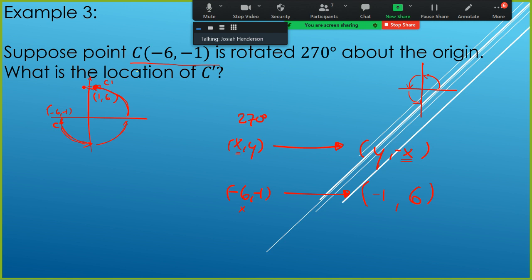With yellow here. So look at the original C on my little visualization. I'm going to make it like that, with that little line connecting it to the x-axis. So it's underneath the x-axis. When I do my quarter turn, it should be sticking out this way to the right of the x-axis. I do another. It sticks out above the x-axis like that. I do my final third quarter turn, and it should stick out right here.